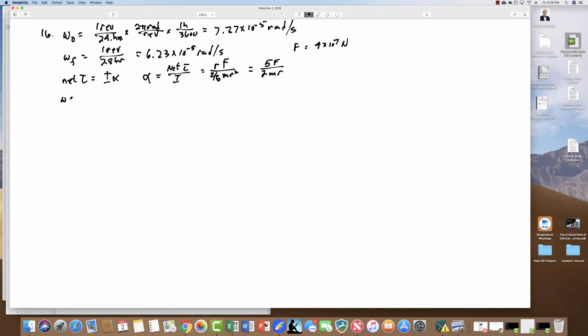Now, the final velocity is going to equal the initial velocity plus alpha t.